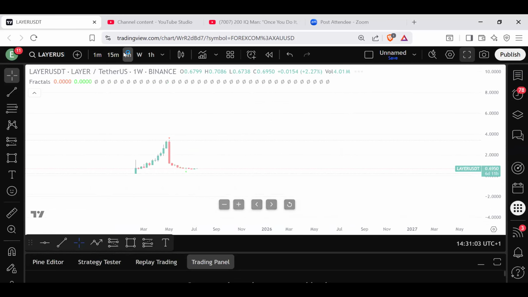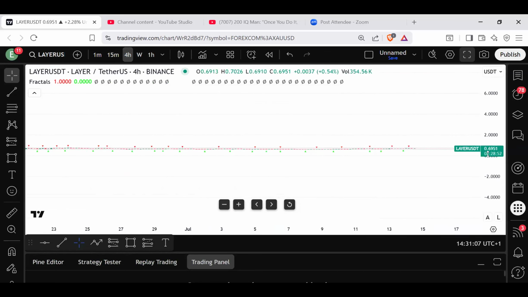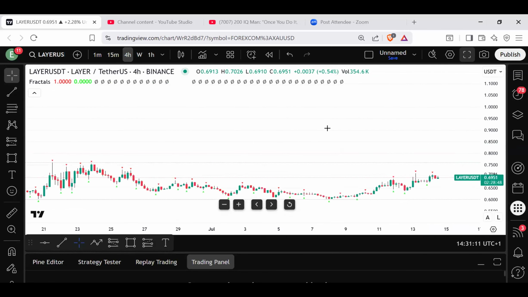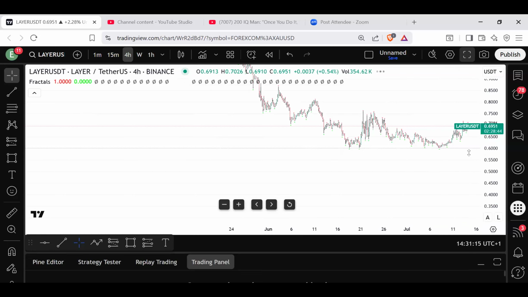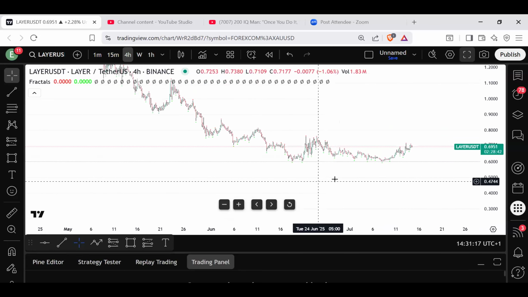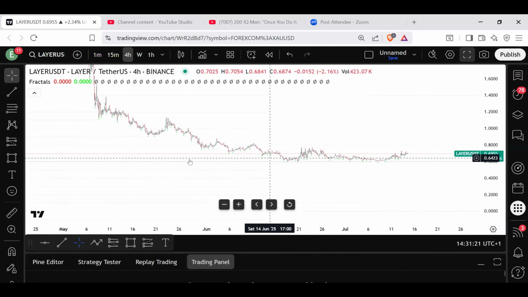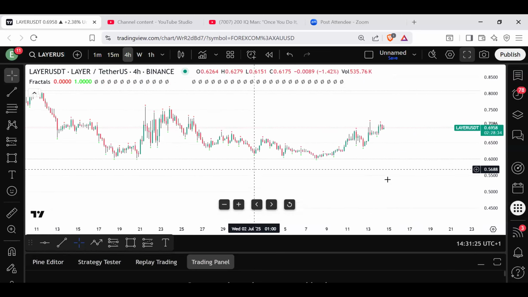So let's see if we can use 4 hour, 15 minutes, and 1 minute. On the 4 hour, that's where we identify key levels.